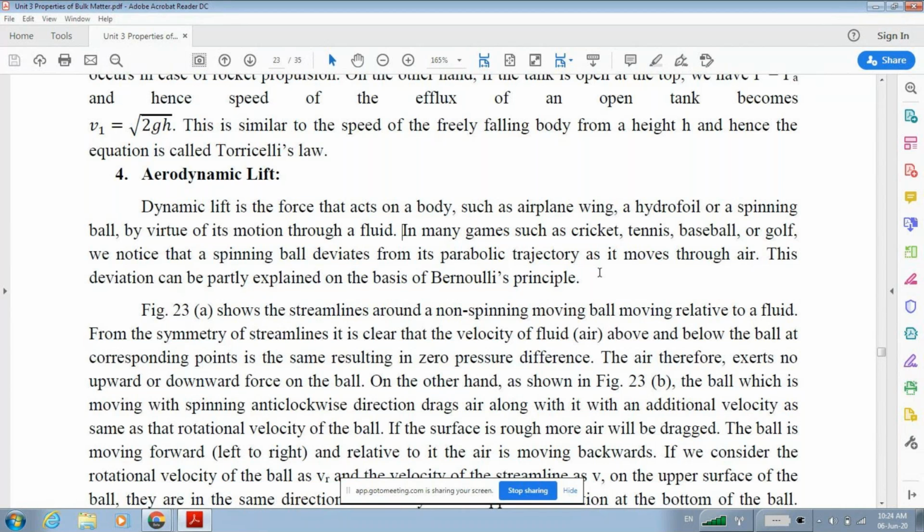If the projectile is not spinning, then it will be a parabolic shape. If the projectile is spinning around, then the path will be slightly deviating from the parabolic path. Why the projectile deviates from the parabolic trajectory, we can explain in terms of Bernoulli's principle.